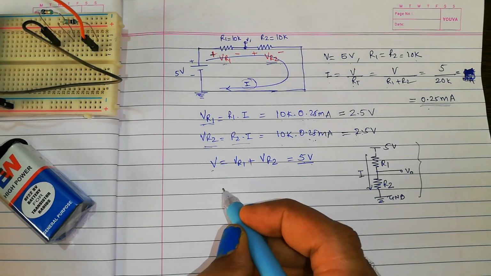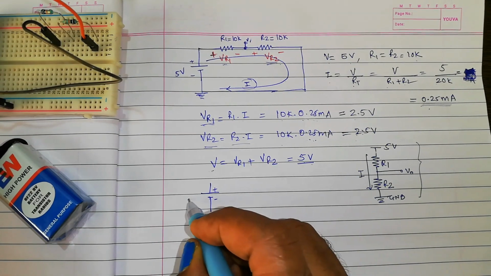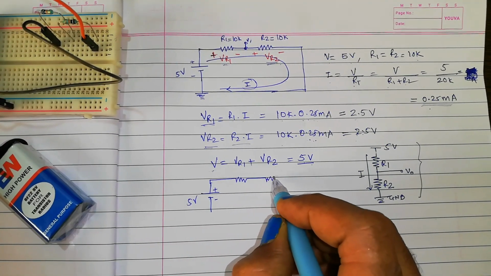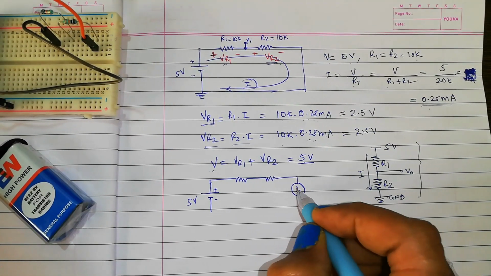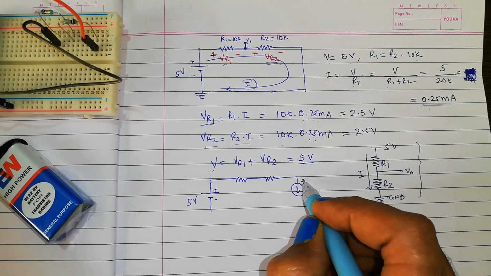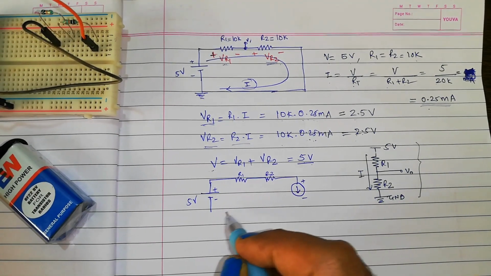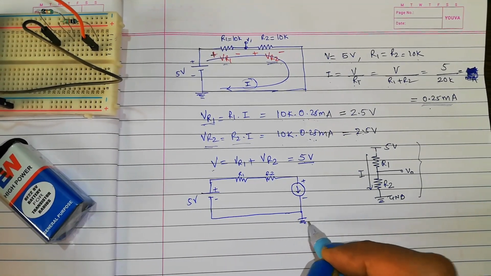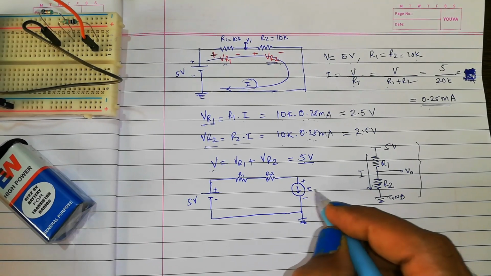So what I'll do here, I draw the circuit like this. This is your voltage source, then you have a resistance, then you have a resistance, and let's say I want to place the current meter, positive, negative. This is your R1, this is your R2, that's your ground connection, and this is your ammeter that is measuring the current.